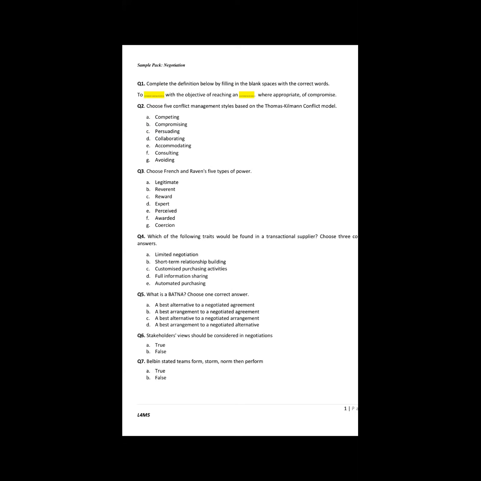Question: choose French and Raven's 5 types of power. 5 types of power. Yeah.